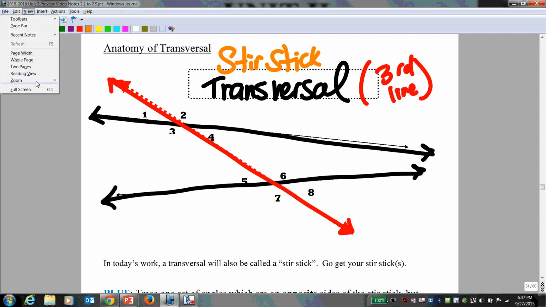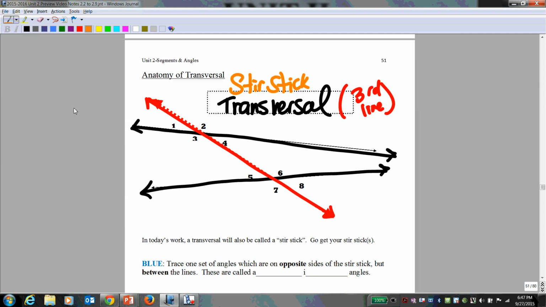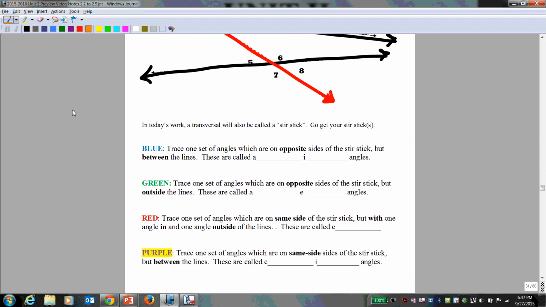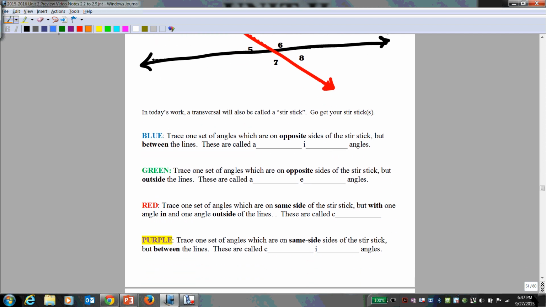Now the angles created by that transversal have some special names. And I'm going to use specifically these four colors, and you'll do well to follow these same four colors. I'm going to use blue, I'm going to use green, I'm going to use red, and I'm going to use, you could either use purple or a highlighter, whatever you have.